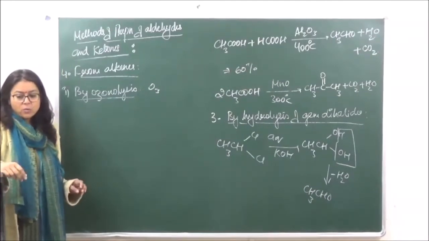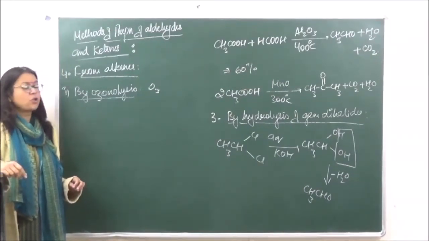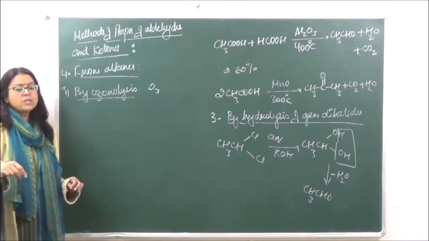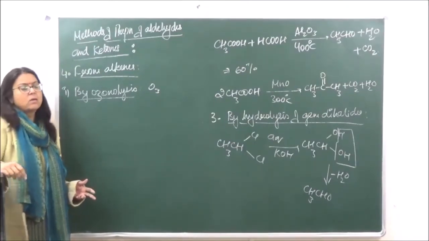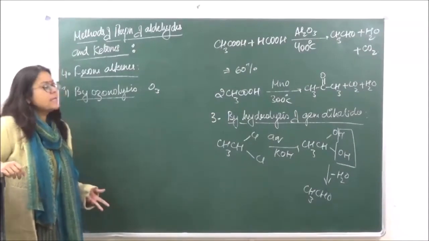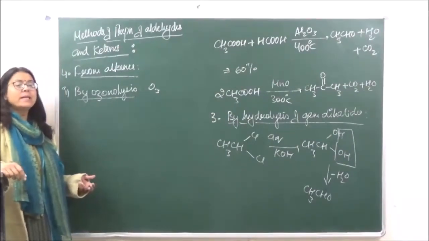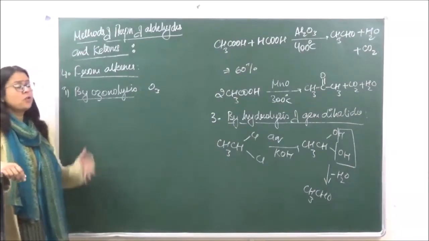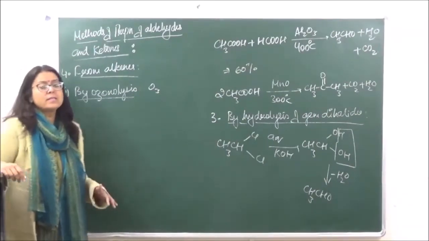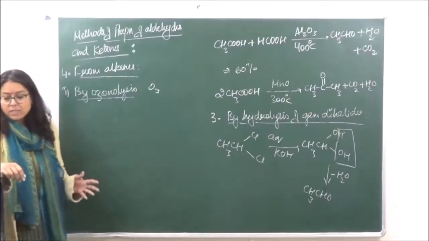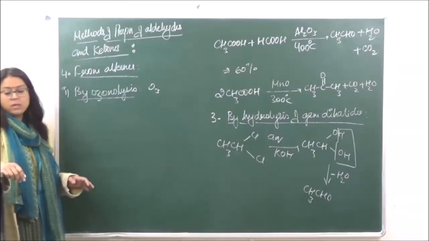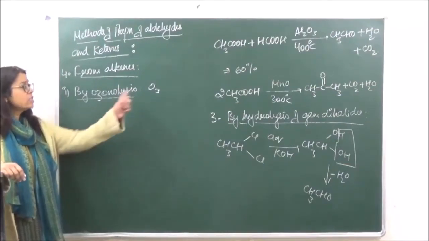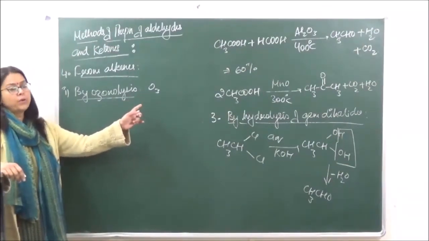Now in this we are going to dissolve the alkenes in an inert solvent. As an inert solvent you can take either CCl4 or methylene dichloride, that is CH2Cl2. Either of the two. So first of all we dissolve the alkenes in the inert solvent, and after that at low temperature we subject that solution to a stream of ozone, right?